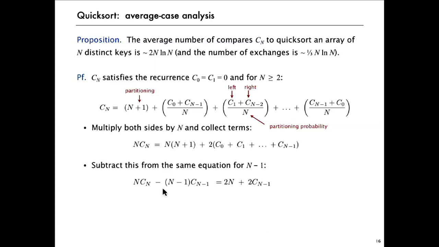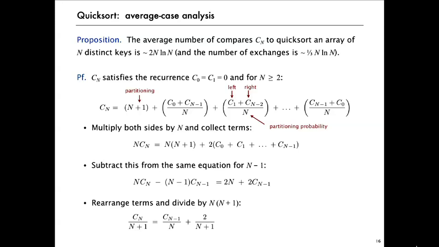So N C_N minus (n minus 1) C_{n-1}, and then n times n plus 1 minus n minus 1 times n is just 2n, and then the sum collapses, just leaving the last term. This sum minus the same sum for n minus 1 just leaves the 2 C_{n-1}. Now that's looking like a much simpler equation.